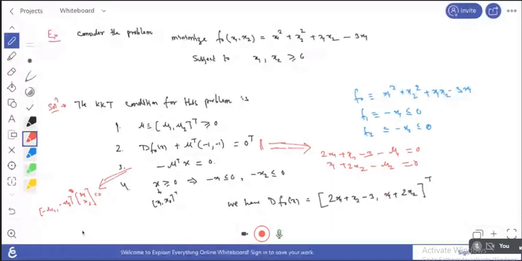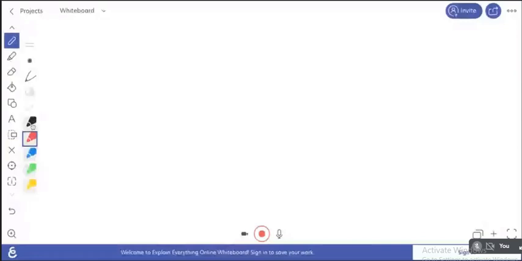Okay, so now the final KKT condition, if you write on the next page, is: mu1 and mu2 greater or equal to 0.